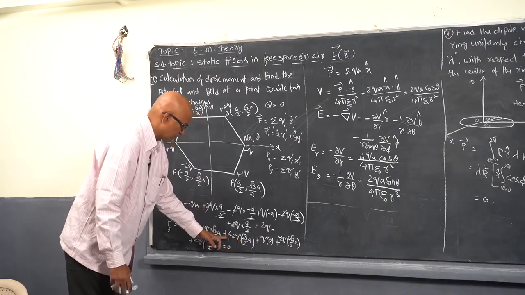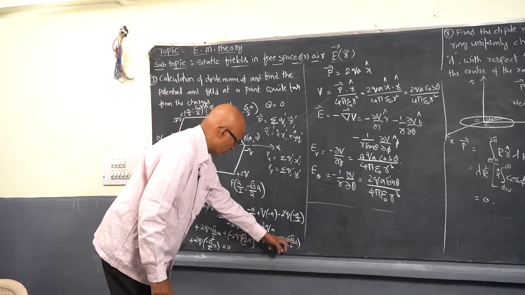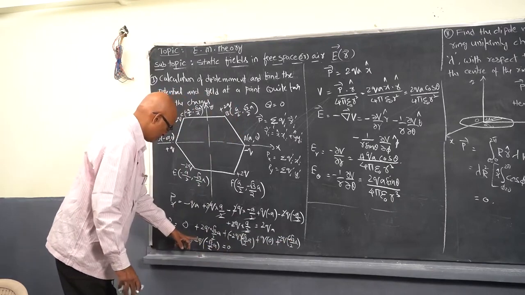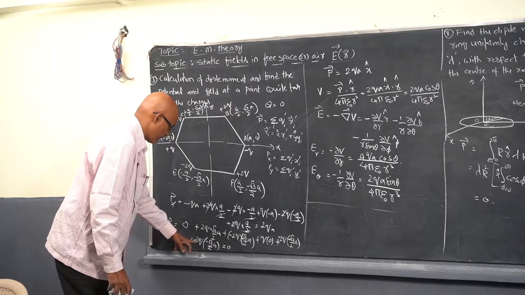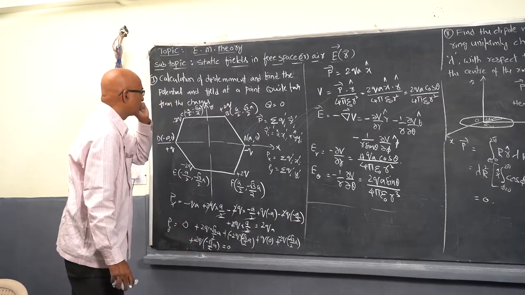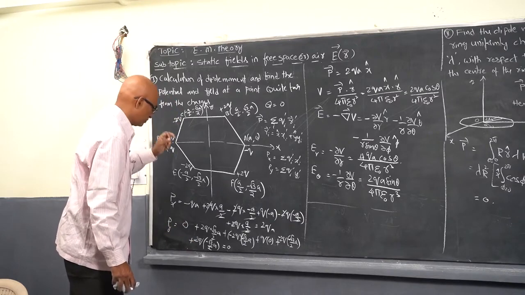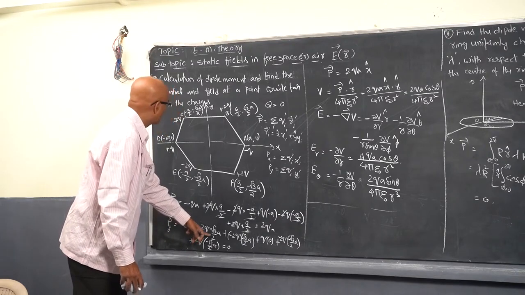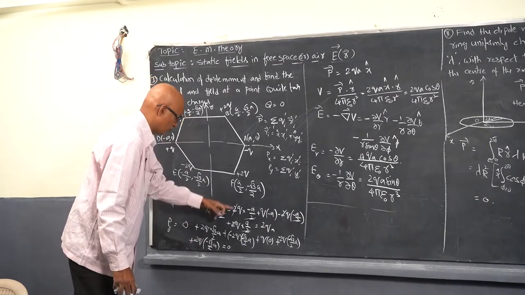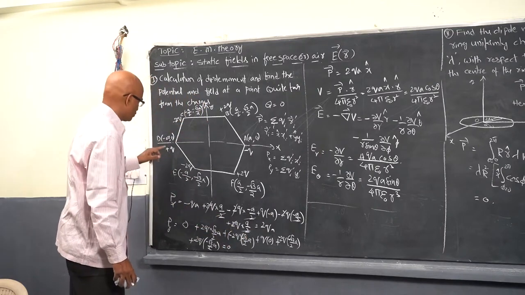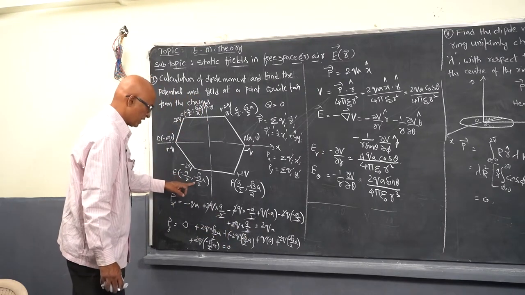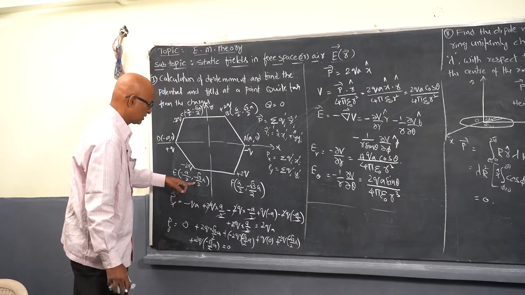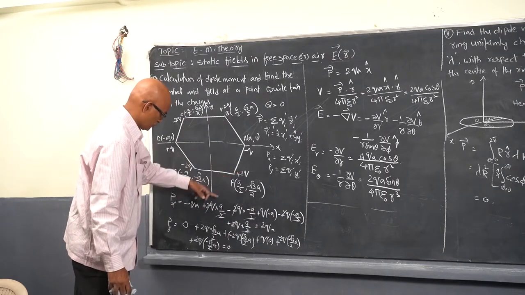Okay, then minus 2Q into minus root 3 by 2a, 2Q into root 3 by 2a, minus 2Q into minus root 3 by 2a, then minus 2Q into minus root 3 by 2a, then plus 2Q into minus root 3 by 2a.